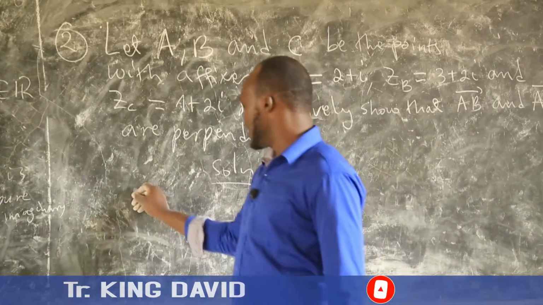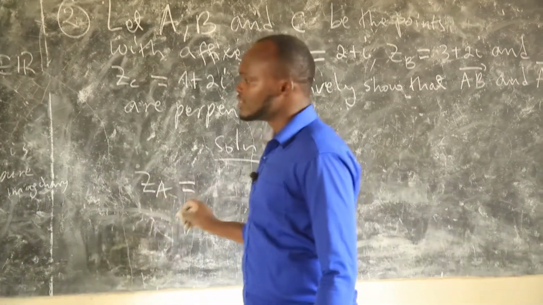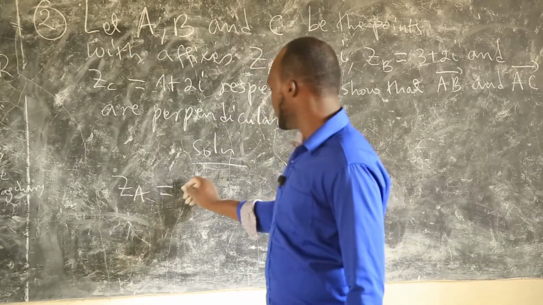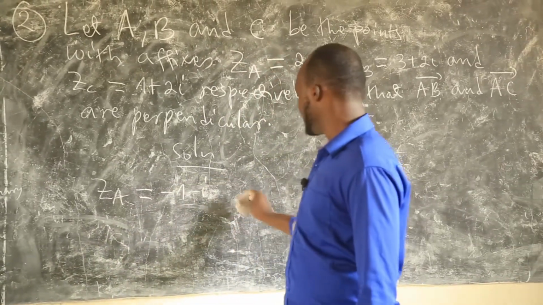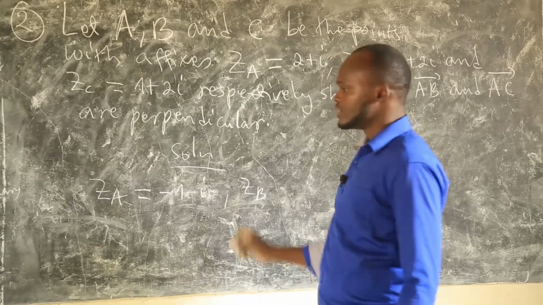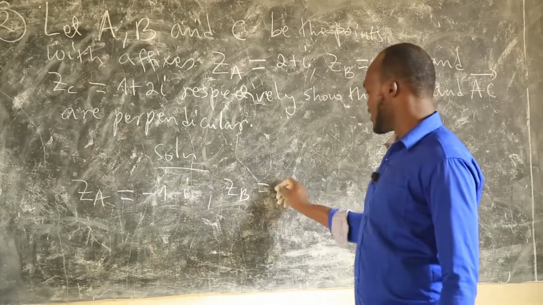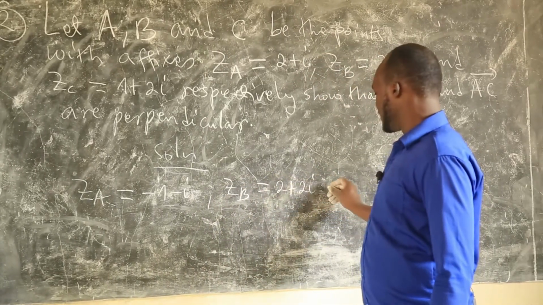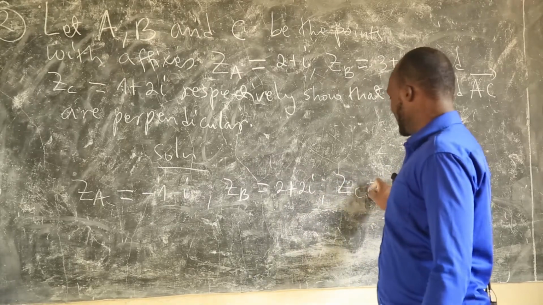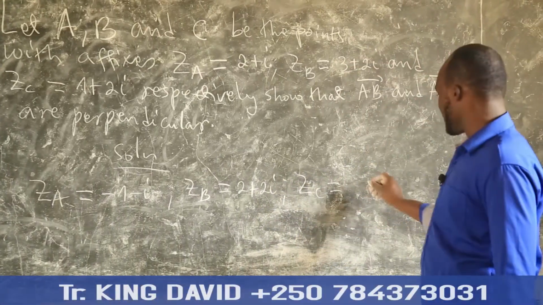Our number 1: ZA is negative 1 minus i, ZB is 2 plus 2i, ZC is 3 plus 3i.